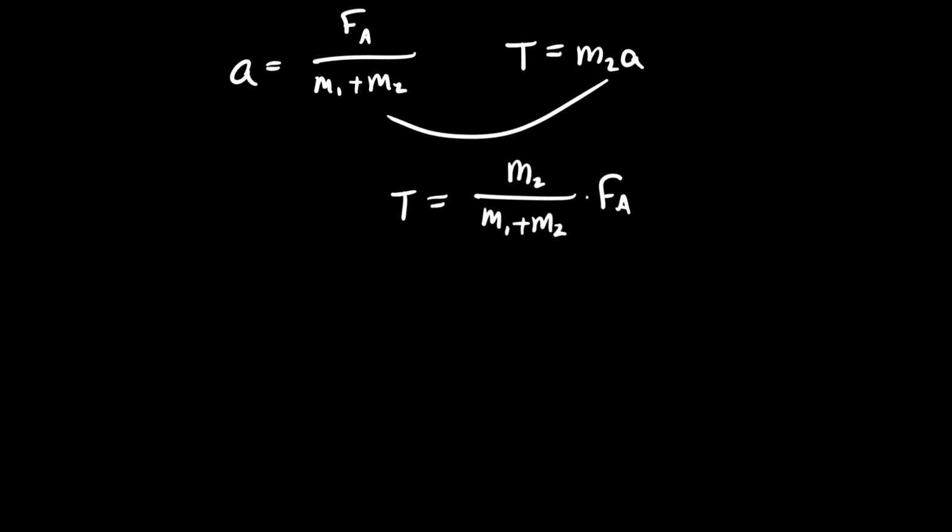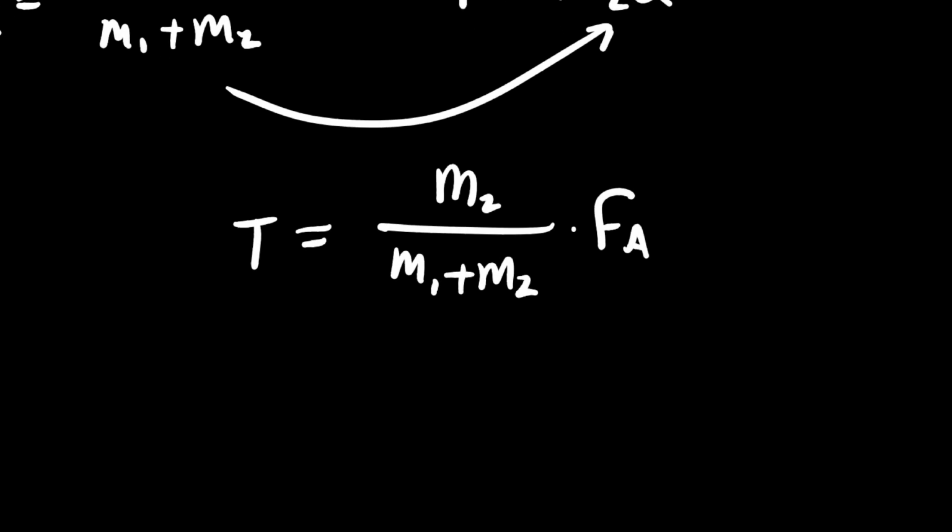I just substituted in. Look at this closely. This is the percentage of the weight, or percentage of the mass. Do you see it? It's the mass of one object divided by the total mass. So this is the percentage of the system's mass that M2 takes up.